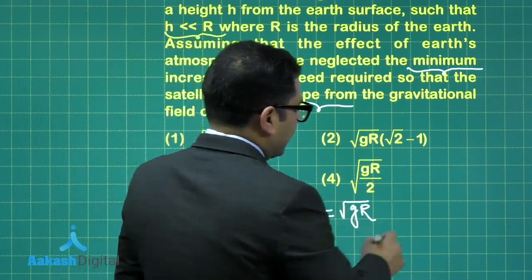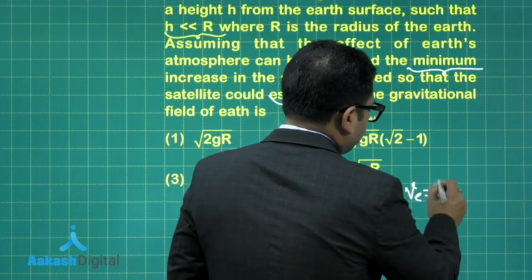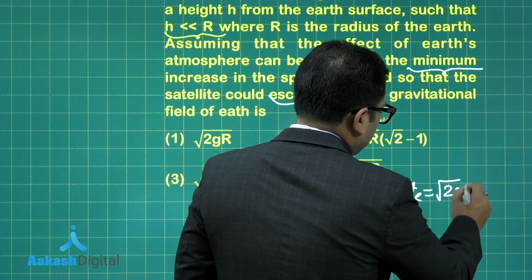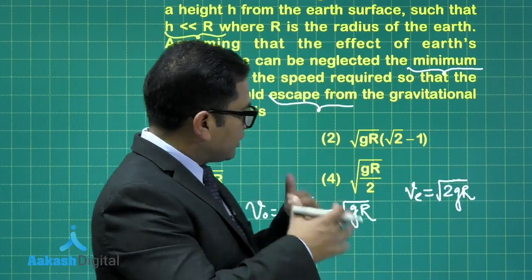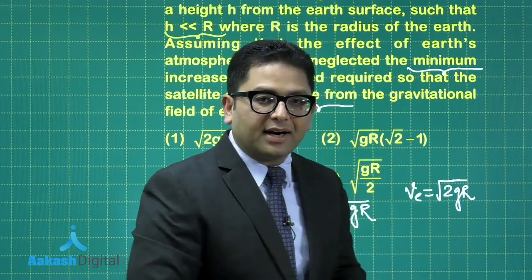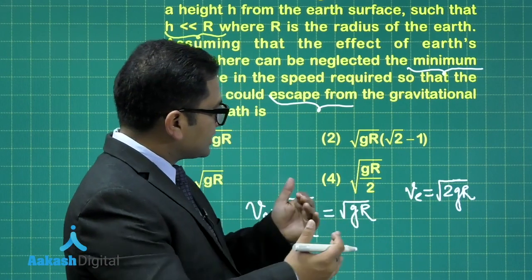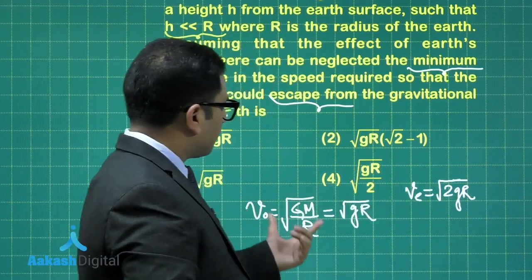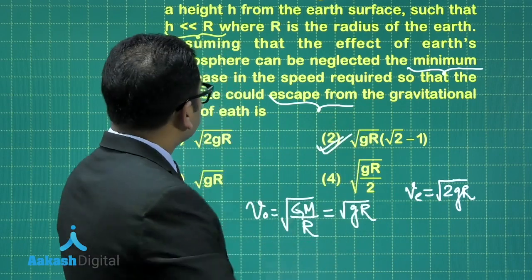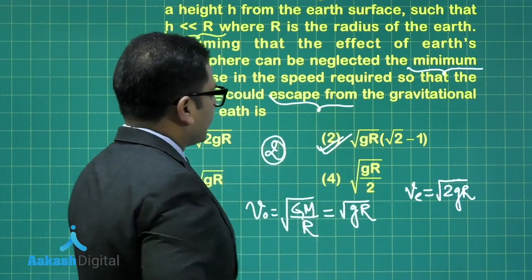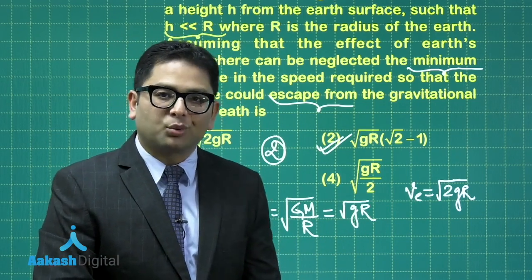The second thing is that, let's just see how much is the escape speed. The escape speed is root of 2gR. That's the speed which is required. Now here you can very easily understand that the increase in speed would be quite obviously this minus this, and option number 2 would be the correct option for question number 26.